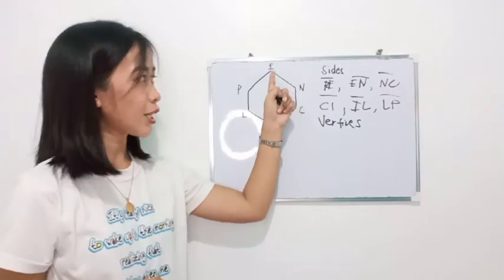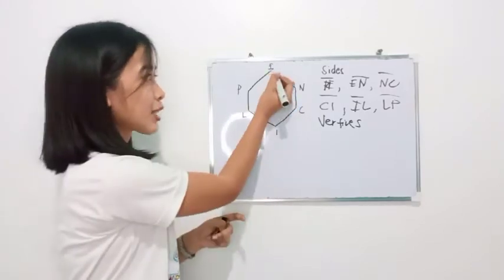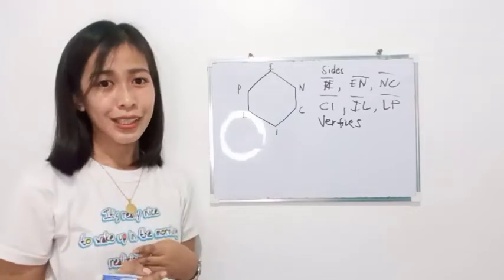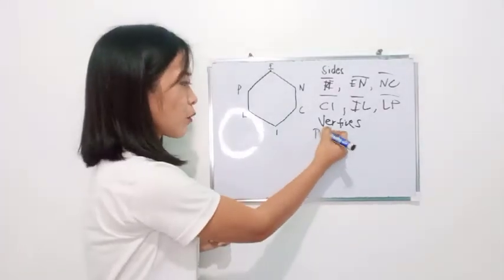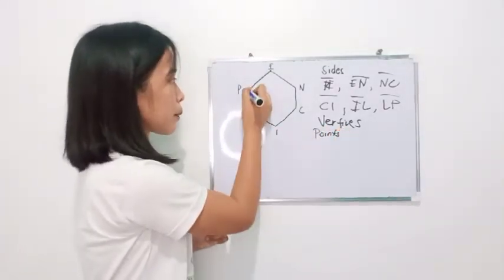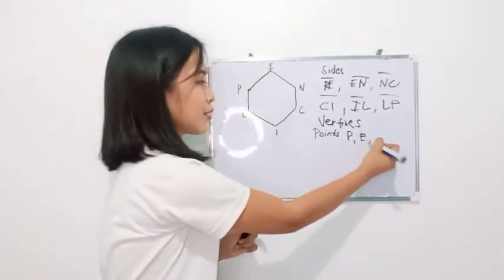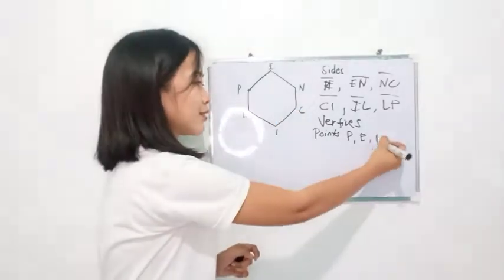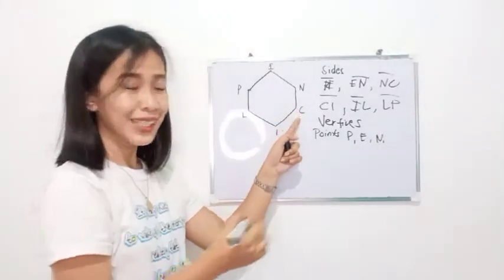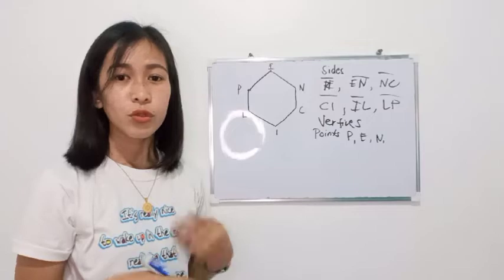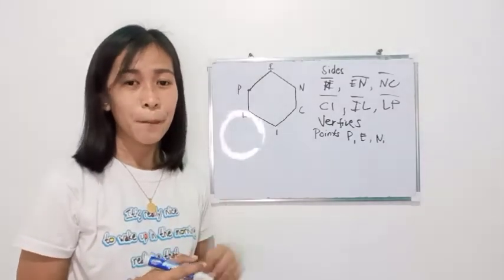Ang vertex nito is itong E, kasi siya yung point of intersection. Right? So, we have points P, E, N, C, I, and L.